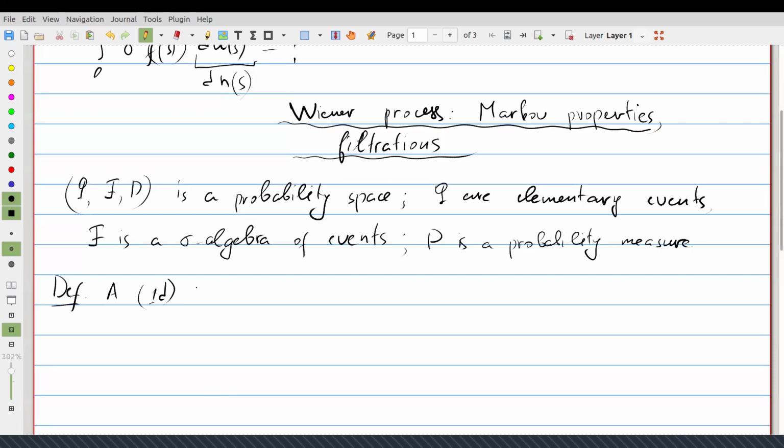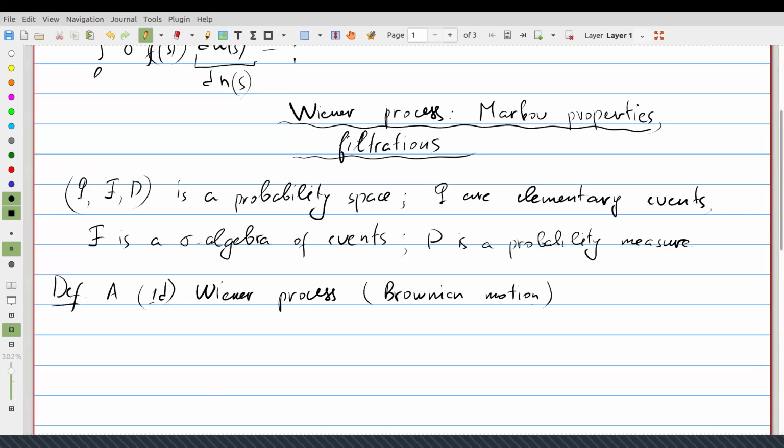Let's speak about one-dimensional Wiener process. Also, it is often called Brownian motion, and I will use this term interchangeably without caring during this course.